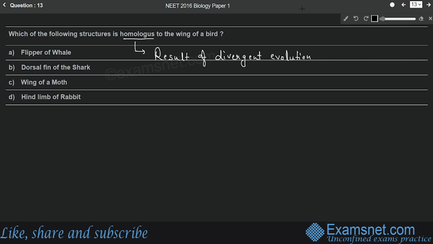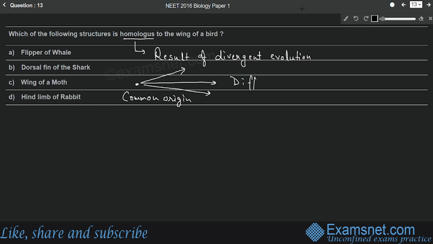Now, what is meant by divergent evolution? It means that the organs or the structures have some common ancestry, okay, common origin or ancestry, but they have developed in order to perform different functions.